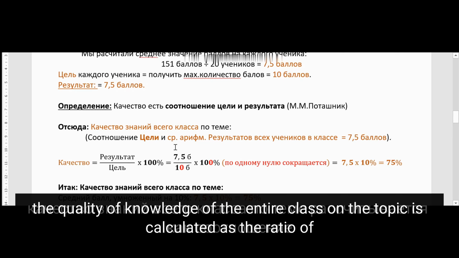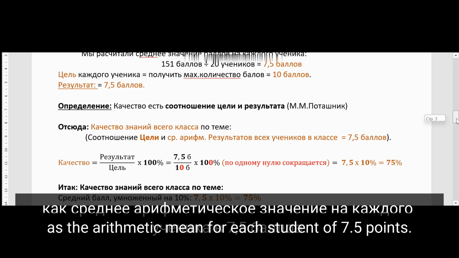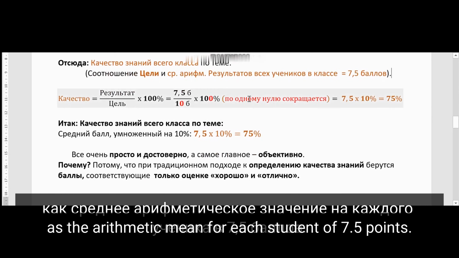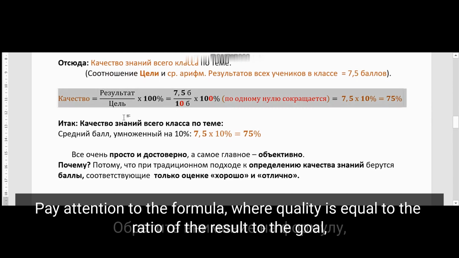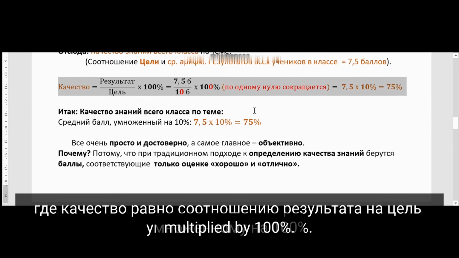Hence, the quality of knowledge of the entire class on the topic is calculated as the ratio of the class goal, on average per student, of 10 points to the class result, as the arithmetic mean for each student, of 7.5 points. Pay attention to the formula, where quality is equal to the ratio of the result to the goal, multiplied by 100%.